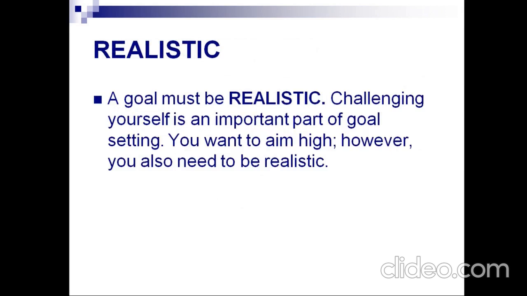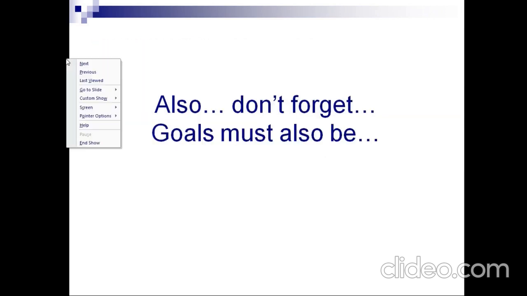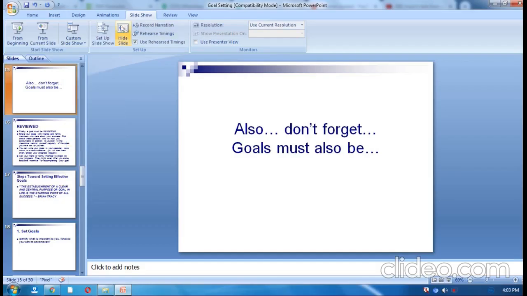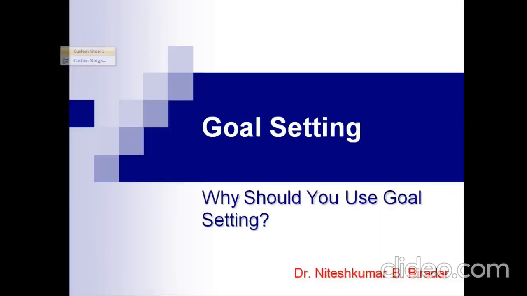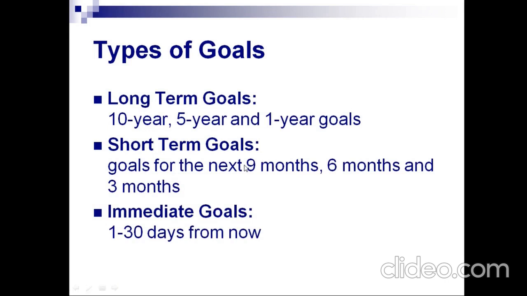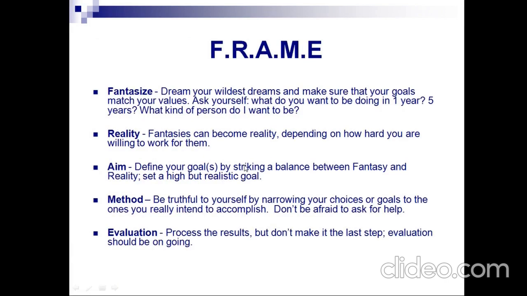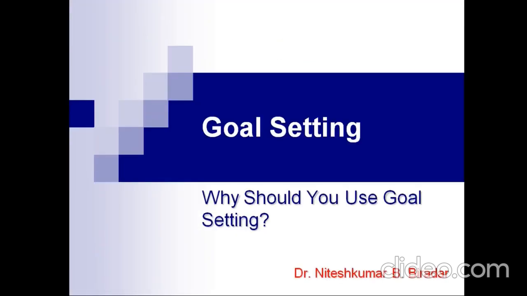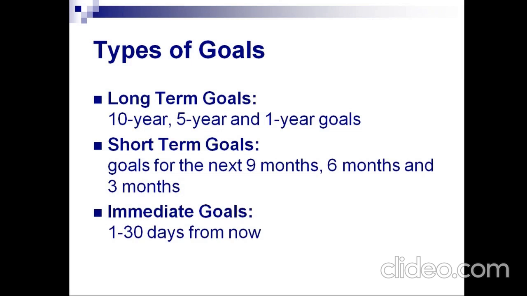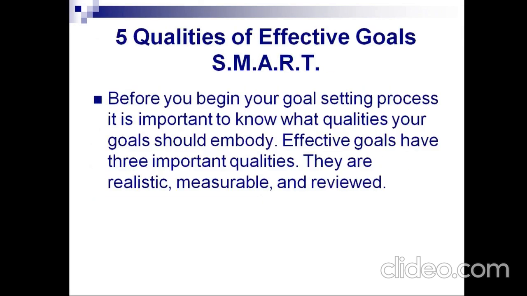So this is how you can use this custom slideshow. When I click on this, I get only 11 slides. You can see that after the first slide, we are directly jumping to types of goals, then frame.